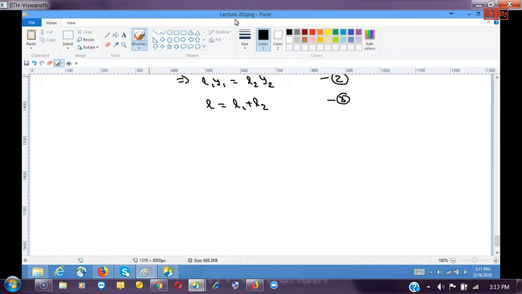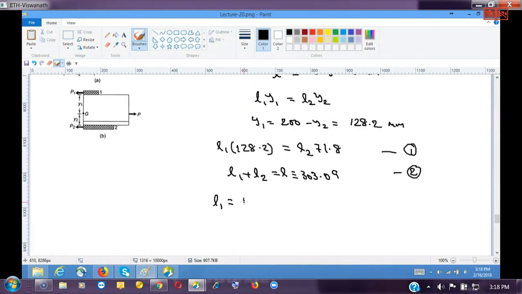And we need to determine the length of the welds. L1 is 108.81 mm and L2 is 194.